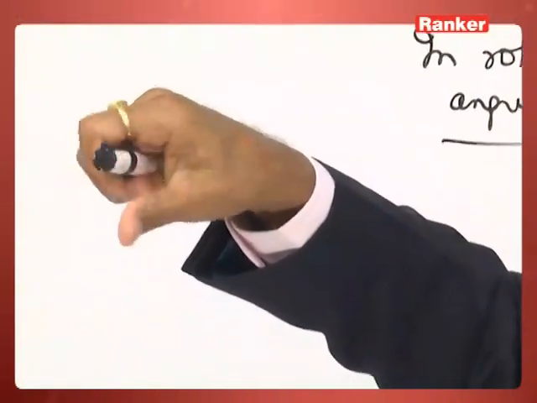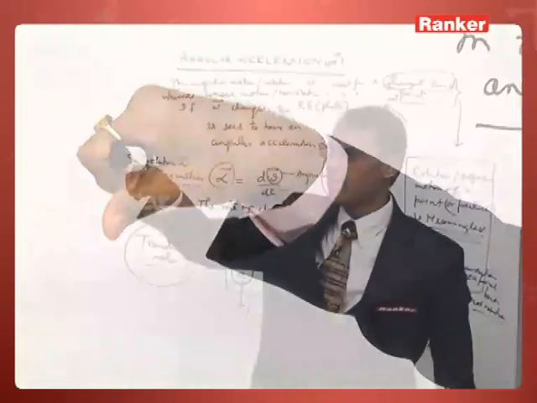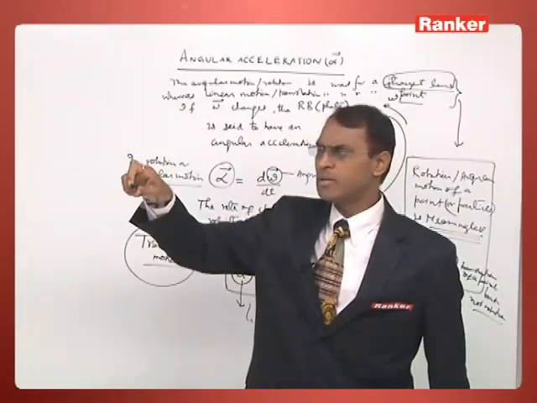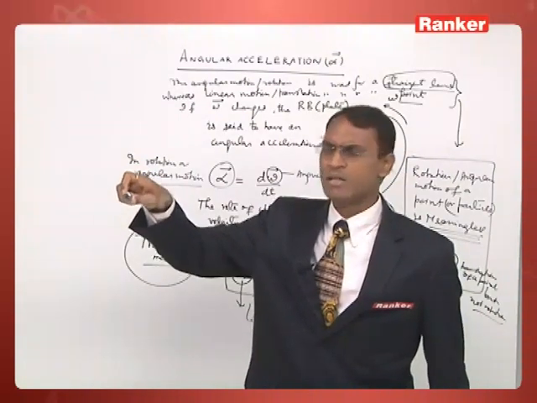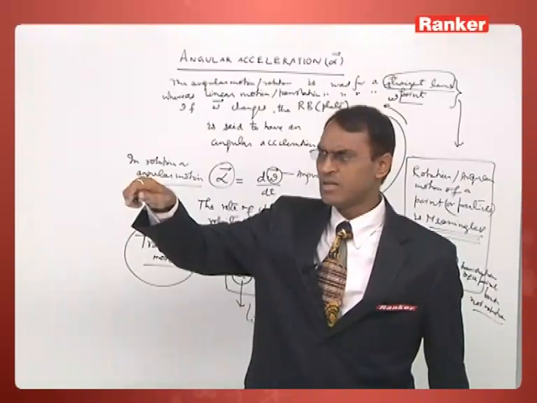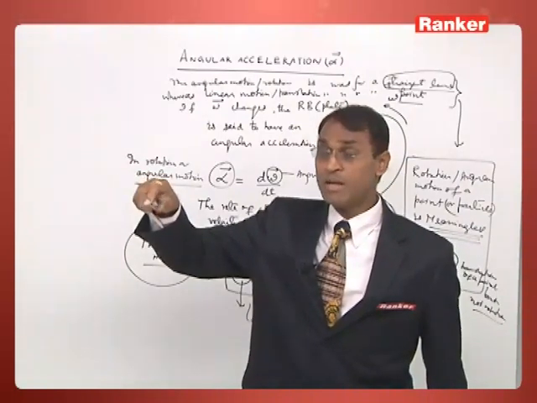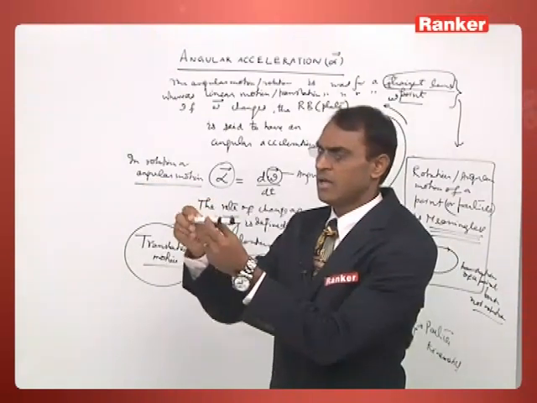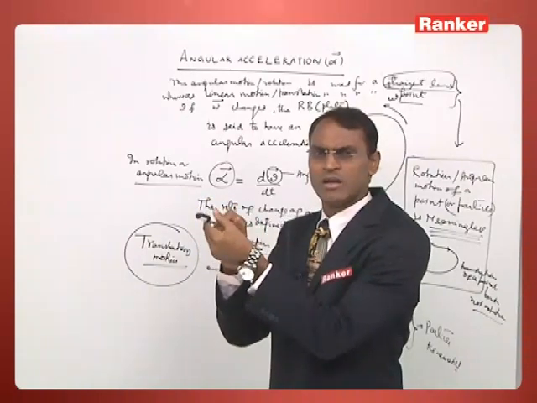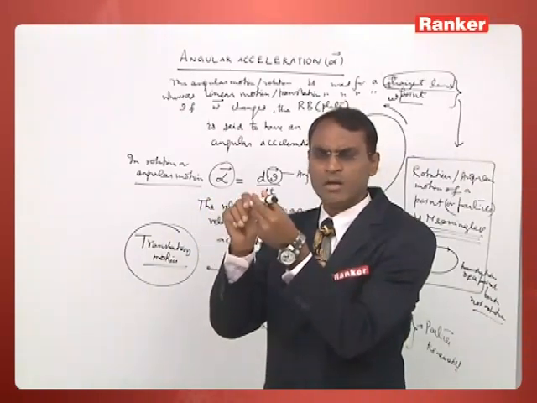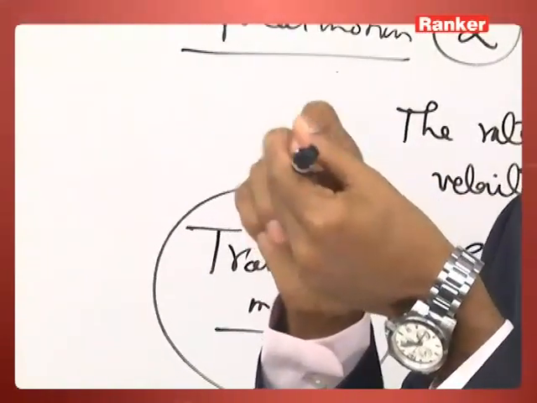When it is rotating in anticlockwise manner and I am twisting my hand, even though I am keeping the magnitude of rotation, the angular velocity, constant, I am changing its direction part. When the direction part is changing, keeping the magnitude constant, the rotating object is said to possess an angular acceleration.